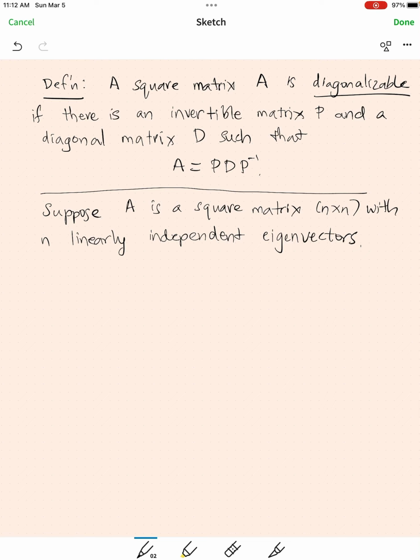Okay, so let's say that you have this square matrix and there are n vectors that are linearly independent, and those are all eigenvectors. So A scales all those vectors. Now A might not scale those vectors by the same scalar, but those vectors get scaled by some scalar. So they're not vectors that just go random places. They actually get scaled. Okay.